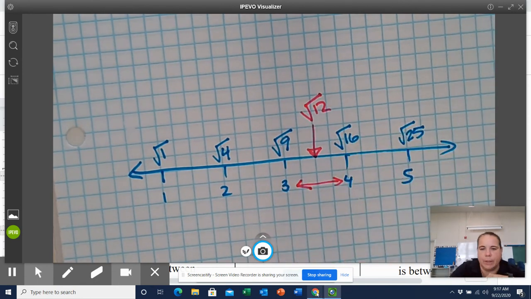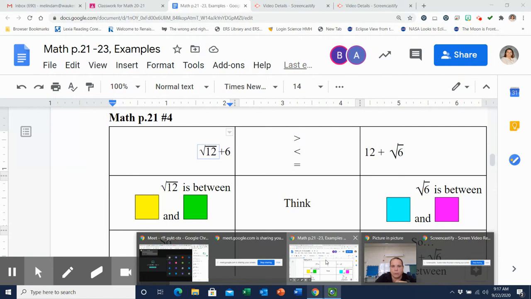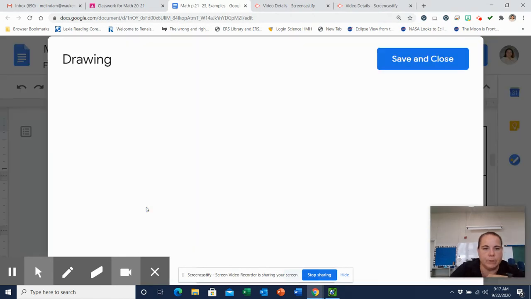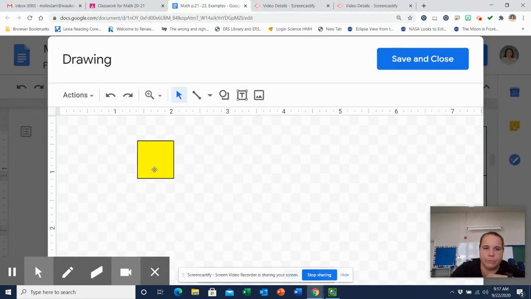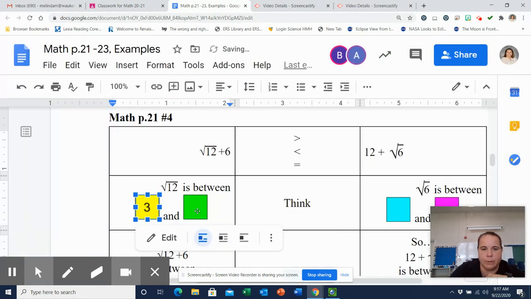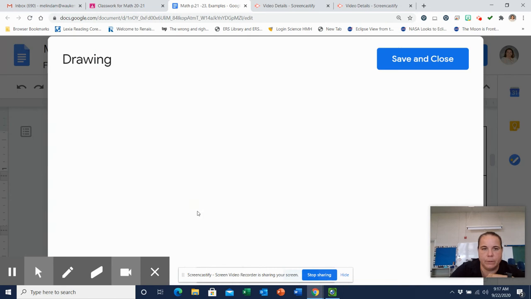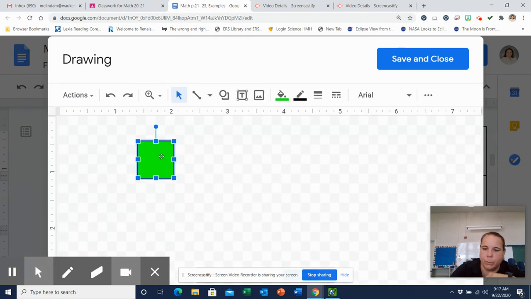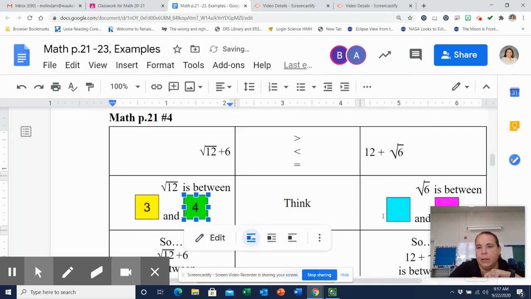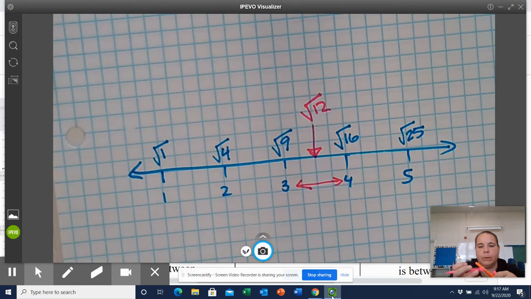We can type that in: the square root of 12 is between 3 and 4. Now, what about the square root of 6?